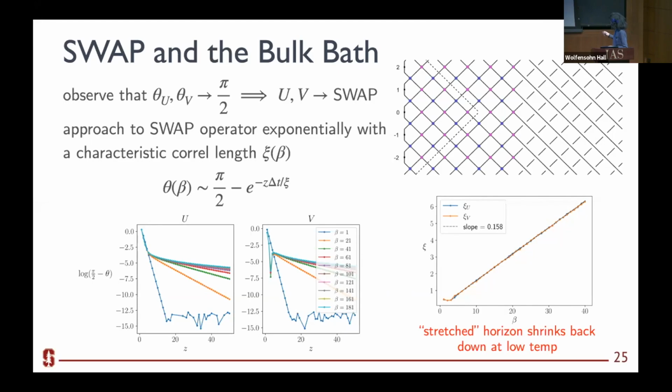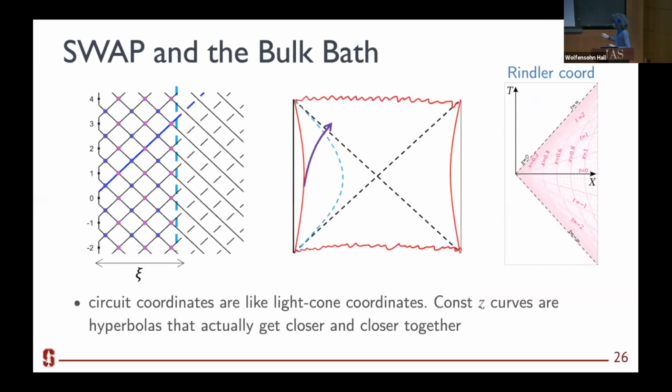This linear behavior is expected because at high beta, which is the low temperature limit, we expect the horizon to shrink back down to give our regular thermofield double state. But at finite beta, this is pushed out or stretched. So again, just to reiterate, the picture that we have is that at a certain vertical line, we get swaps.